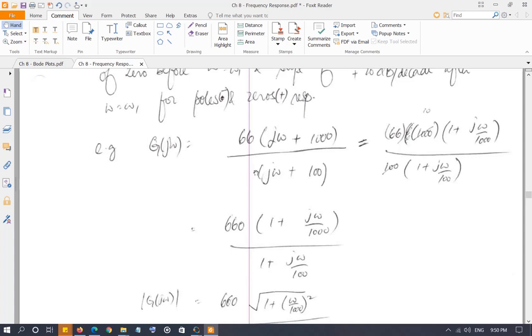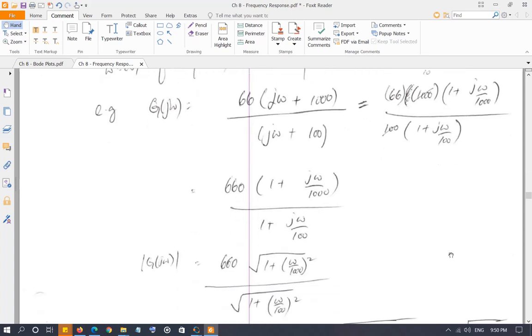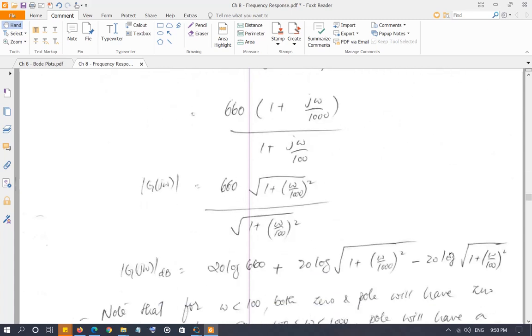And the denominator is going to be 1 over 100, 1 plus j omega over 100, right? And then 1000 over 100 is going to be 10. So it's going to come out to be 660, 1 plus j omega over 1000 divided by 1 plus j omega over 100. So now you have 3 factors.